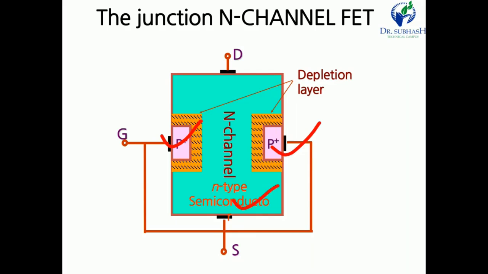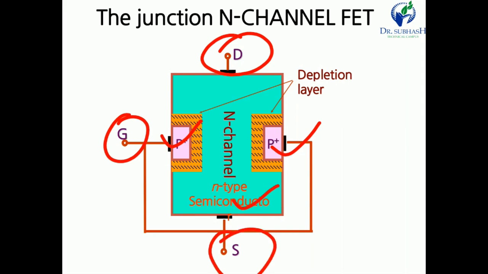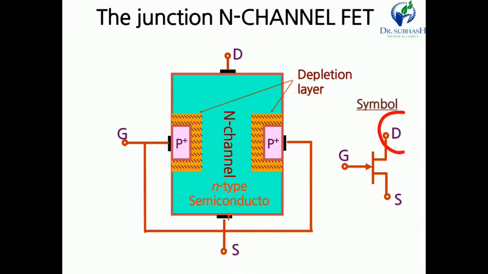The first terminal is drain, then gate and source. The connection is like this. So we can say that the FET is a three terminal device: drain, gate and source. And this is the symbol of the JFET. Here the arrow is inside, the drain is the upper terminal and the lower terminal is source.